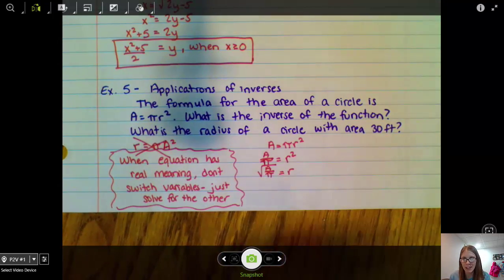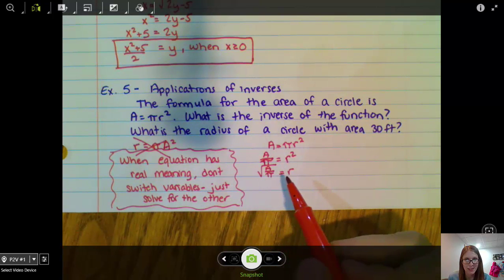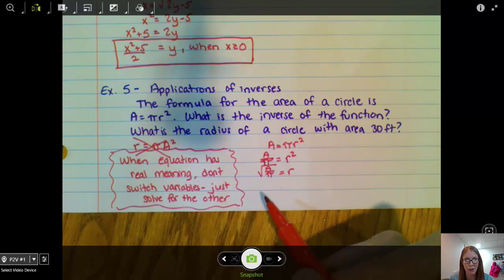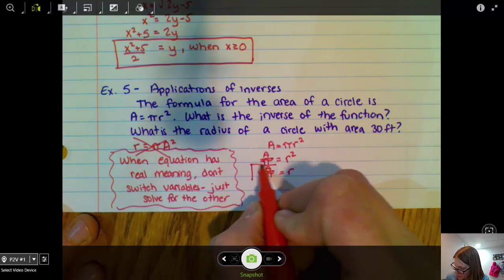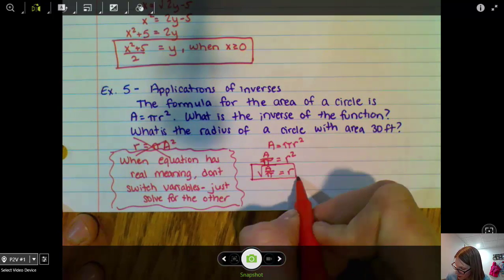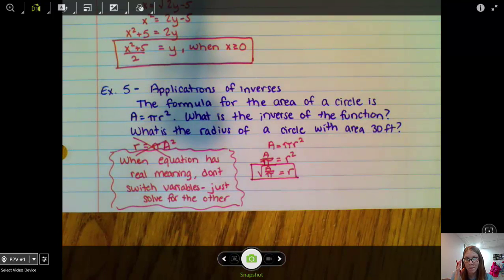Okay. Now normally if I have to square root both sides, I would use plus or minus. But since this is telling me what our radius is, I couldn't have a negative radius. So I don't need that plus or minus here. Okay. So there's my inverse. r is the square root of A over pi.